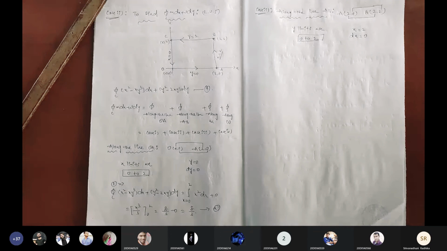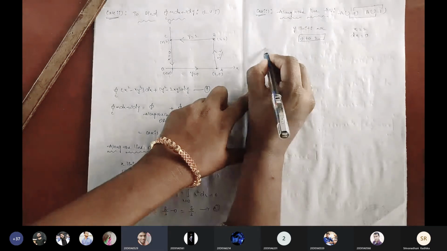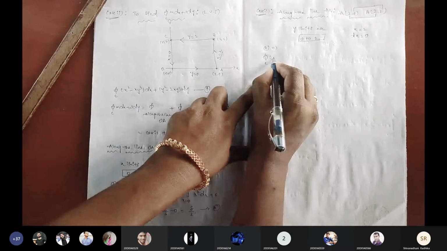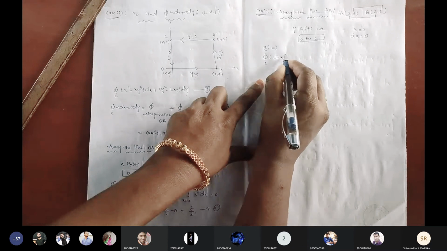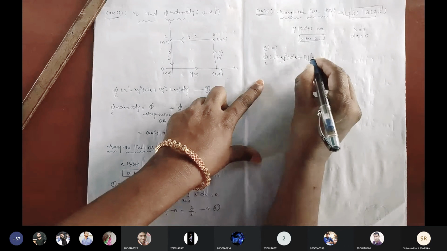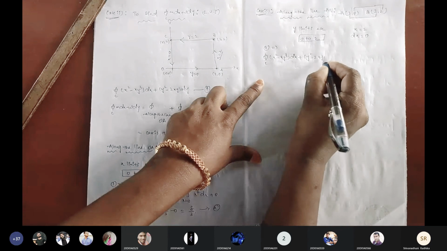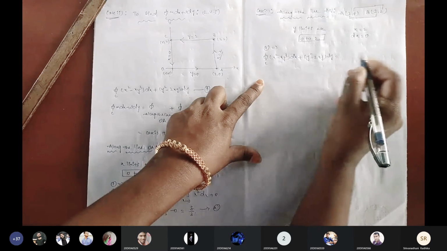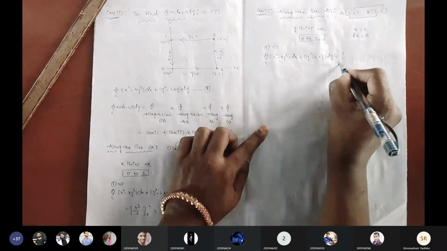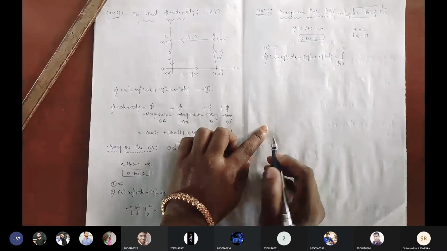Any doubts? Now, equation 1 implies the integral over curve C of (x square minus xy cube) dx plus (y square minus 2xy) dy. So that equals the integration over y limits, y equals 0 to 2.